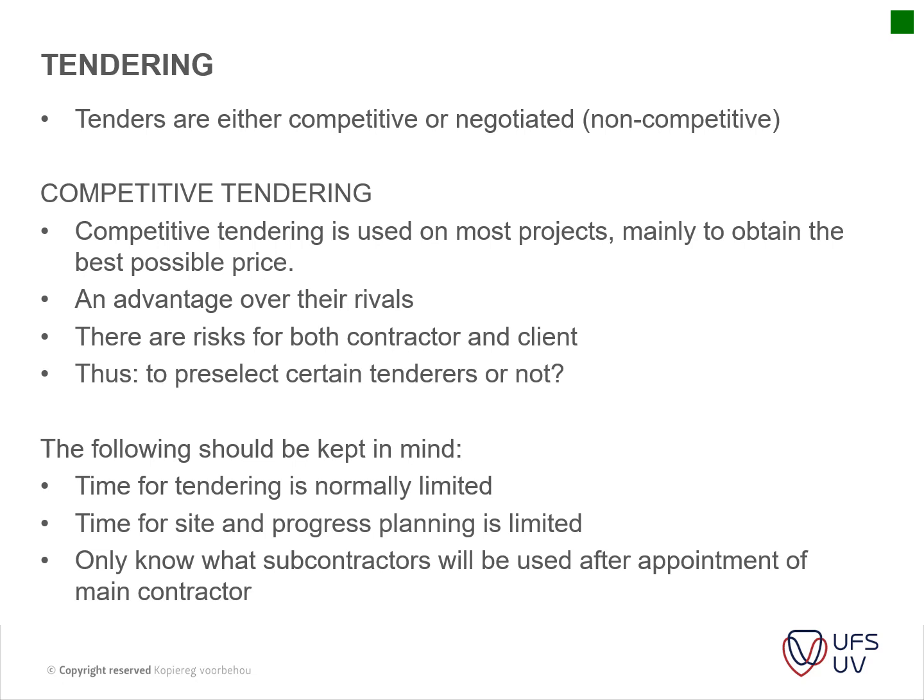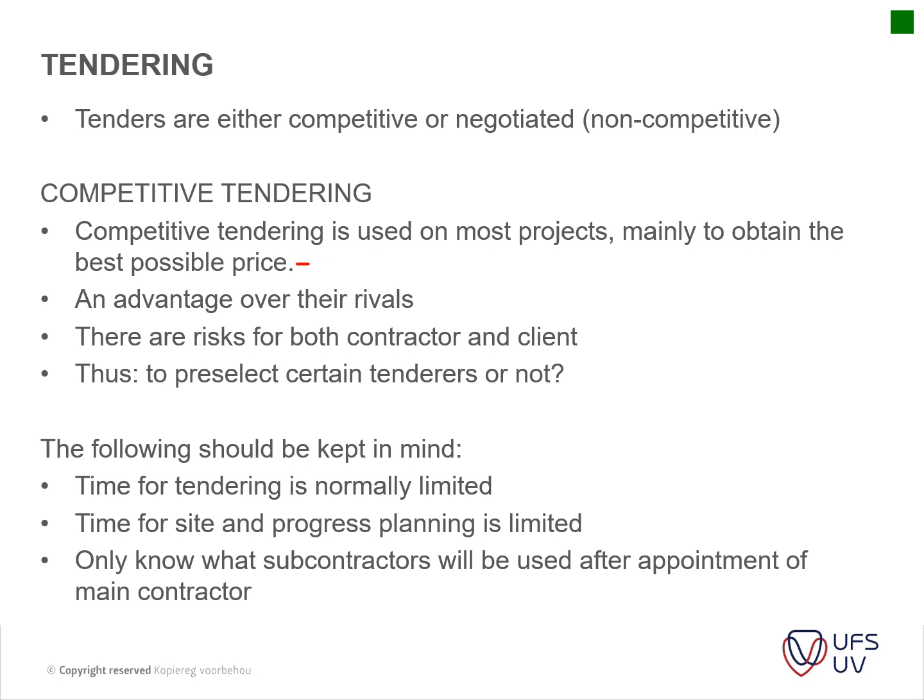Competitive tendering is used on most projects, mainly to obtain the best possible price. Where you won't have competitive tendering, you will have a bit of a negotiation, but that's usually where you have specialist installations that only one or two people can do, or the client has worked with this contractor or tenderer before and would rather pay extra to have this contractor on the project.